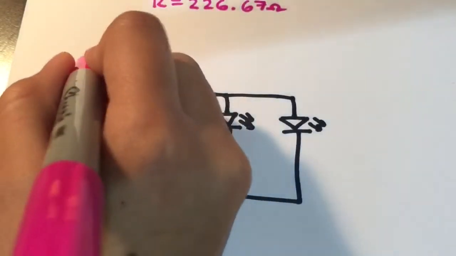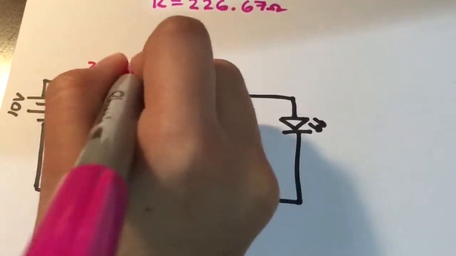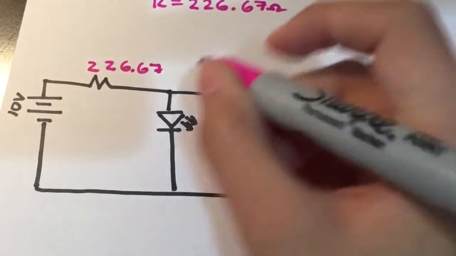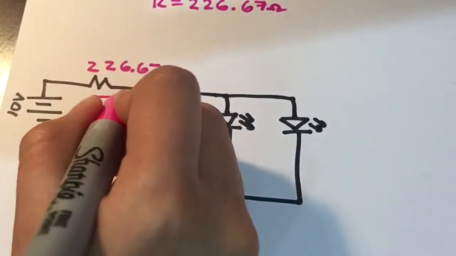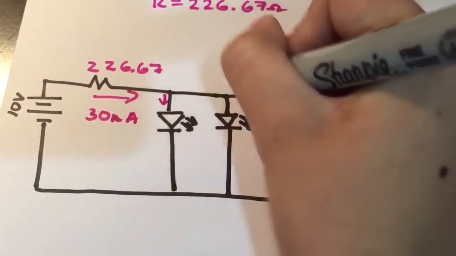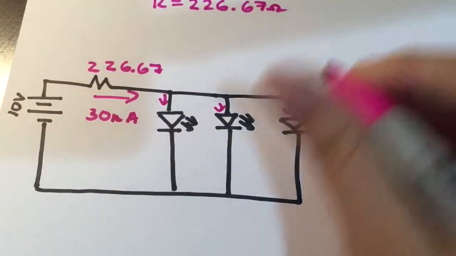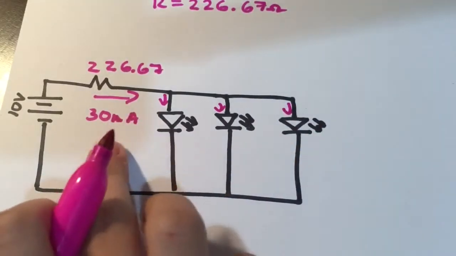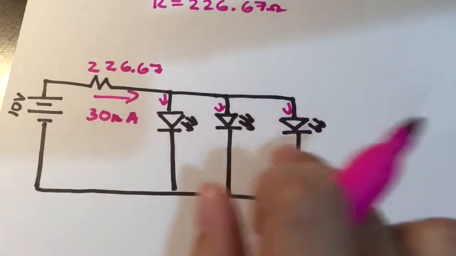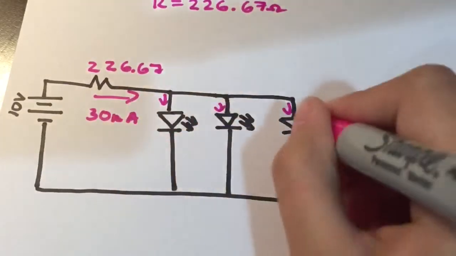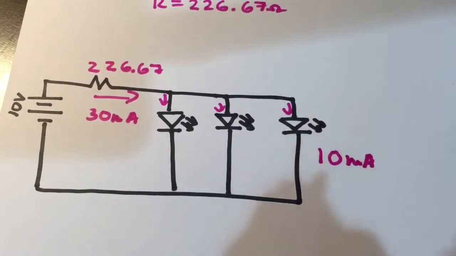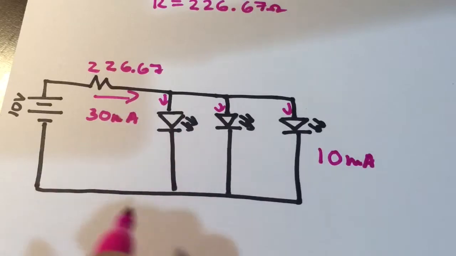If we write here the same resistance, 226.67, these LEDs won't work because the current that passes through here, 30 milliamperes, will divide here, here, and here. So this is the maximum current needed so that the LEDs can work. And if it's divided by 3, each one will have 10 milliamperes, so they won't work. So this case is useless.